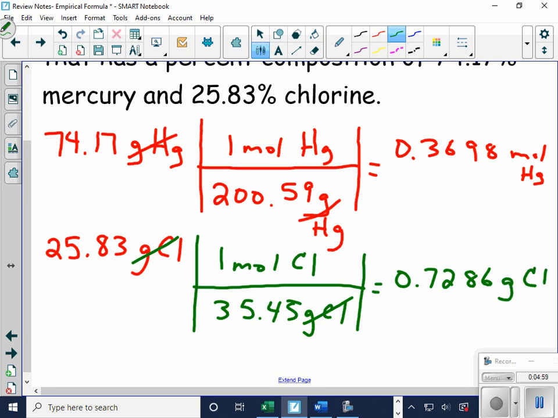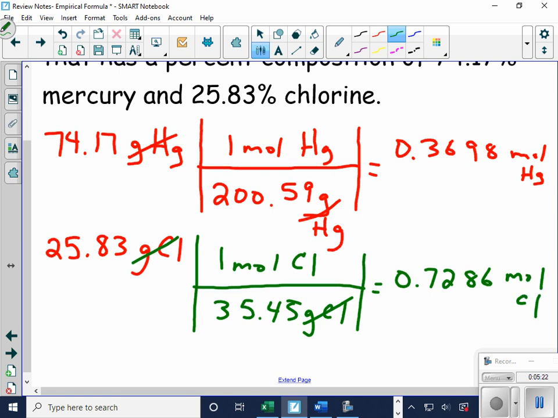So basically all I've done is I've taken a percentage, pretend I had 100 grams of it, and then I converted those into moles. Oh, I'm sorry. It would not be grams of chlorine here. My bad. Moles of chlorine.